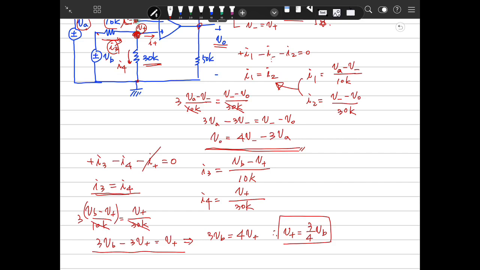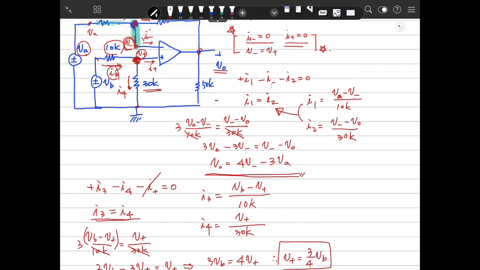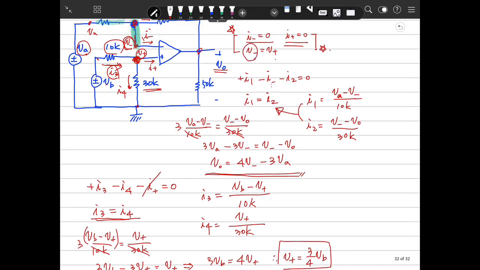Then we know about that. What's that? V minus and V plus are the same because of the op-amp here. Then we insert the V minus values. So 3 VB minus 3 VA.